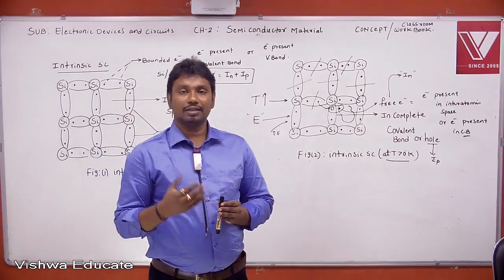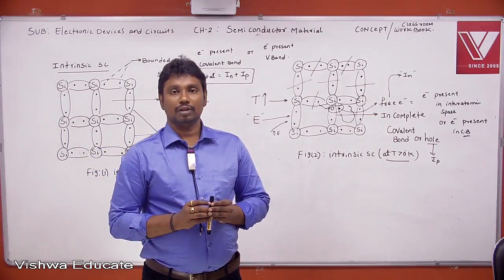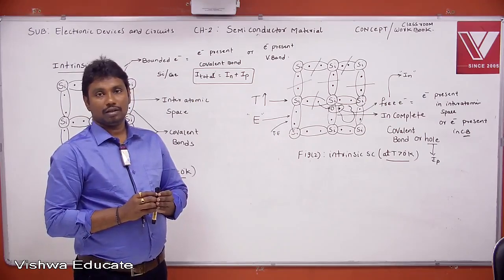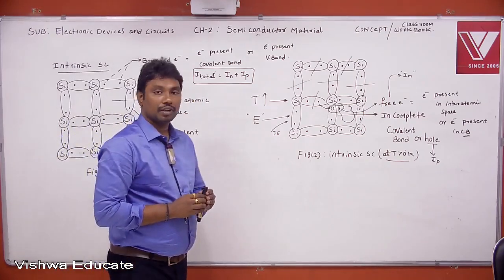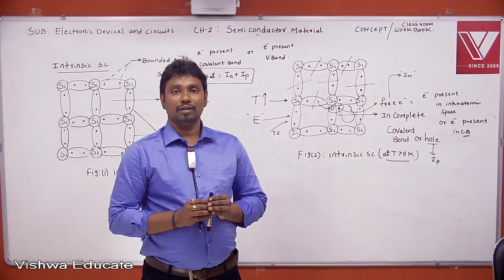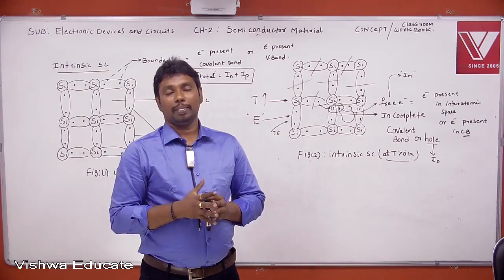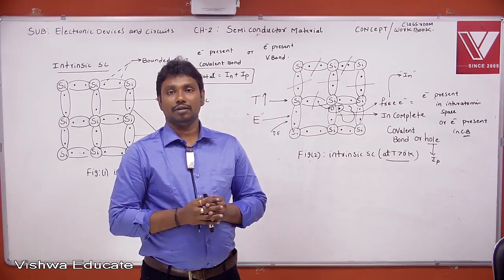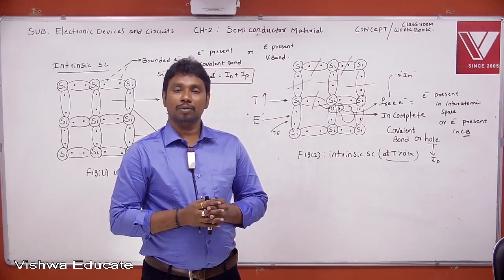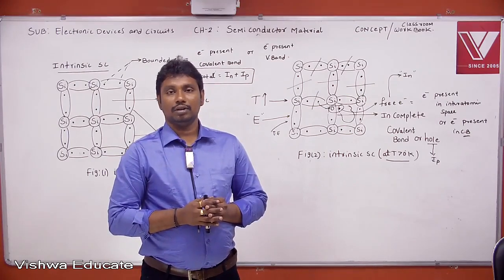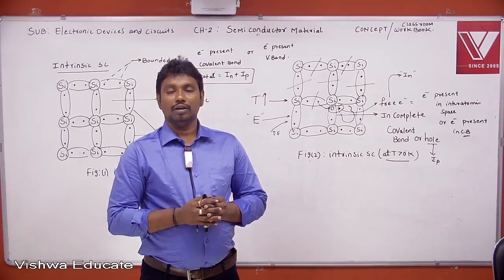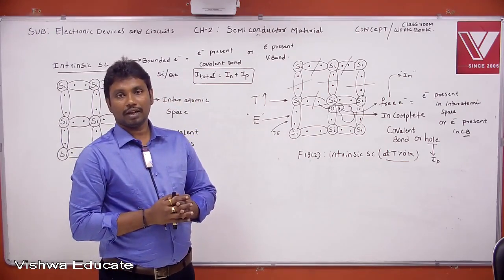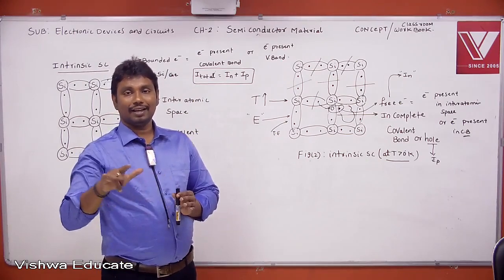Next point, when an external electric field is applied, free electrons can move in interatomic space and produce free electron current, in bracket I_N. Please underline free electron current.